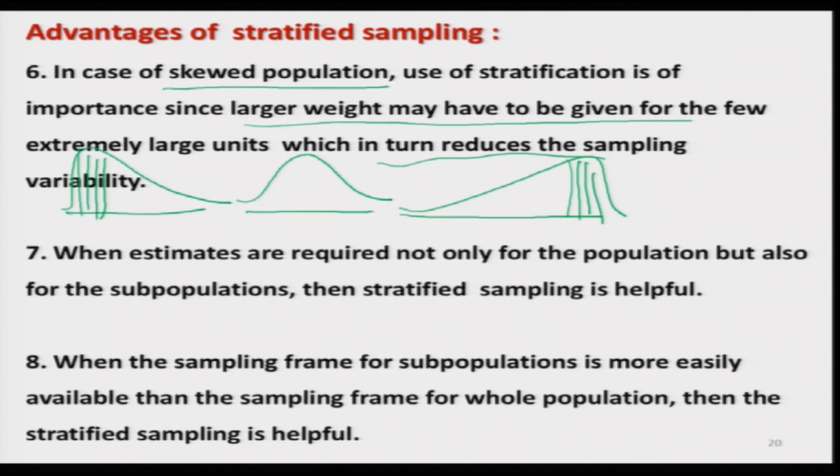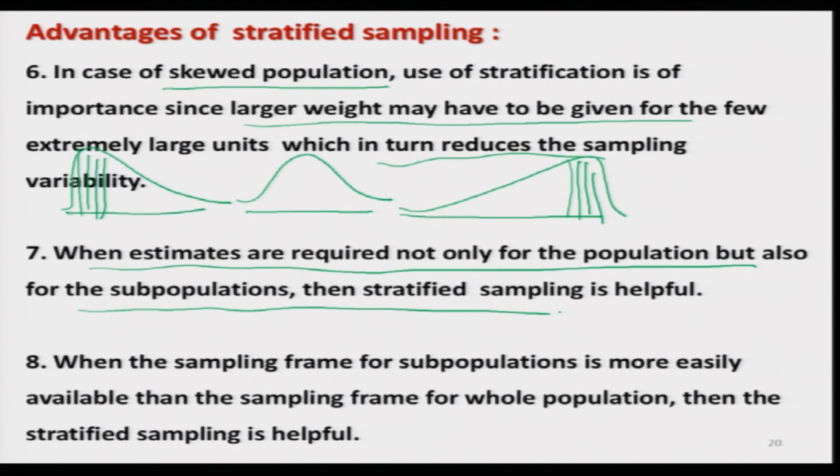And obviously, when the estimates are required not only for the population, but also for the subpopulation, then stratified sampling is also helpful. For example, if I also want the estimate for different states like Punjab, Haryana, Jammu Kashmir, Kerala, Tamil Nadu, etc., then stratified sampling will be more helpful, so that we can have a single estimate for the entire country as well as for all the states.